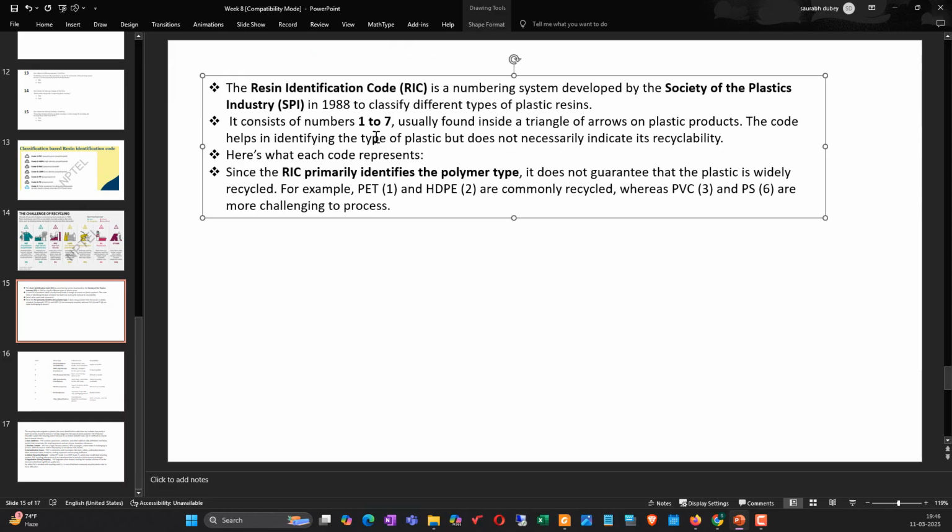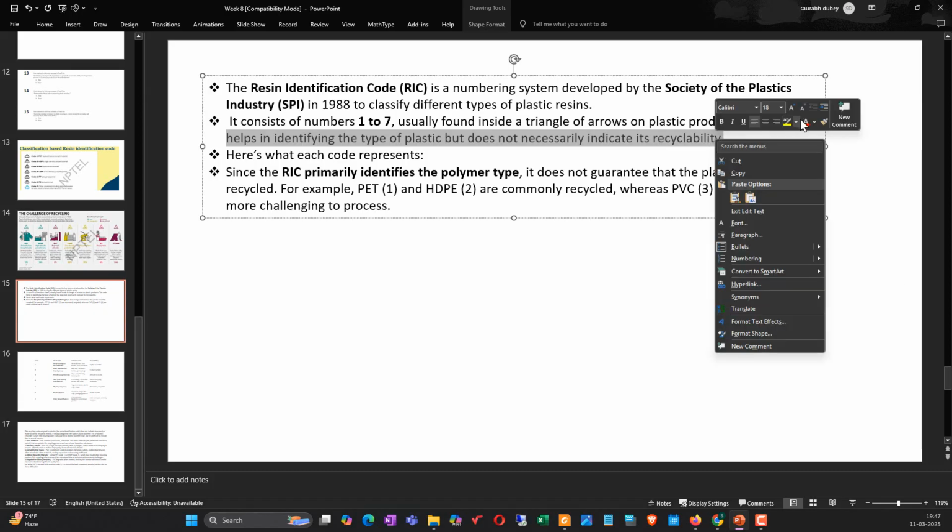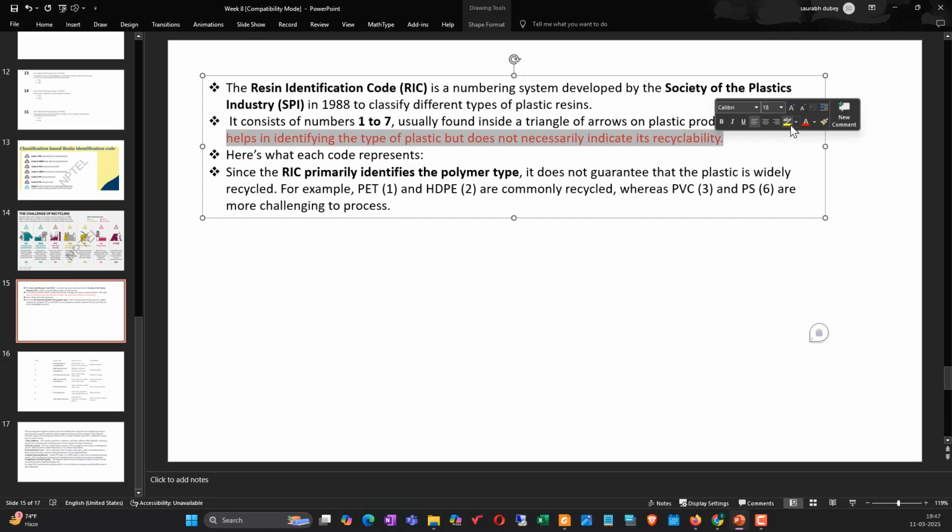So here it consists of numbers 1 to 7, usually found inside a triangle of arrows on plastic products. The code helps in identifying the type of plastic, but it does not necessarily indicate the recyclability, right? This point has not been explained anywhere, so I will be actually highlighting this.